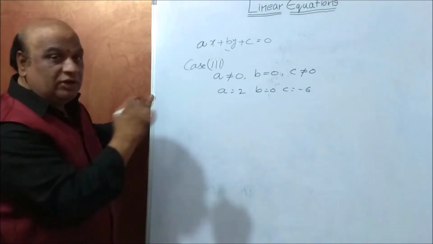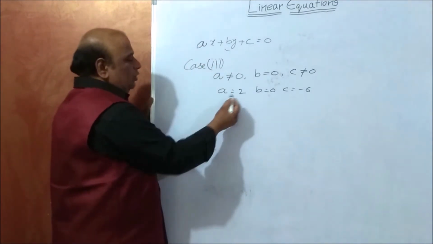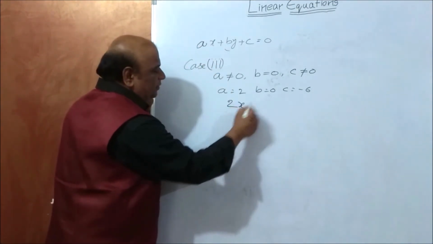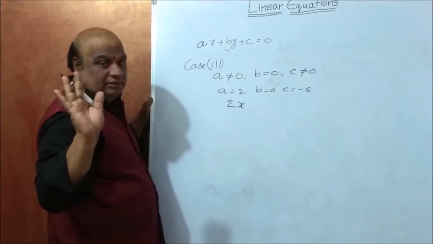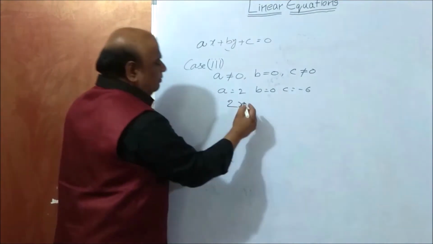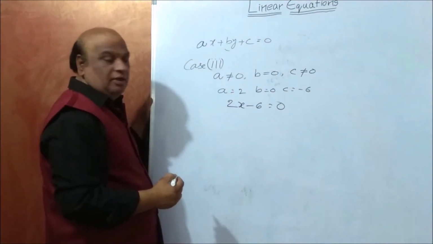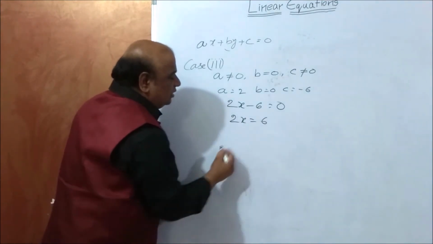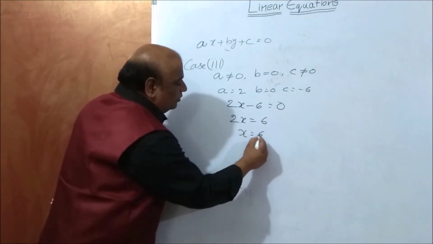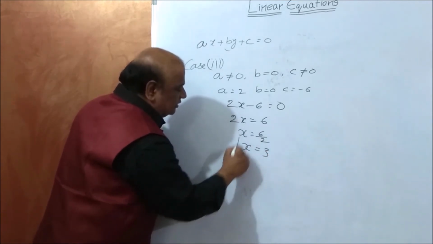Now if you observe this equation, it becomes 2x, the b term will be missed, y term is not there, and minus 6 is equal to 0. Now 2x is equal to 6, so x is equal to 6 by 2, x is equal to 3. This is the equation.